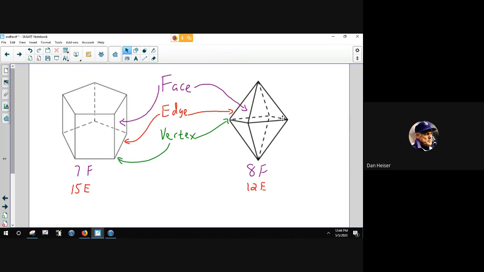This vertex has 4, and so on. But usually you get a consistent pattern. So every vertex here has 3 edges. Every vertex here has 4 edges. Let's count the vertices. There are 5 here. There are 5 here, giving us a total of 10.